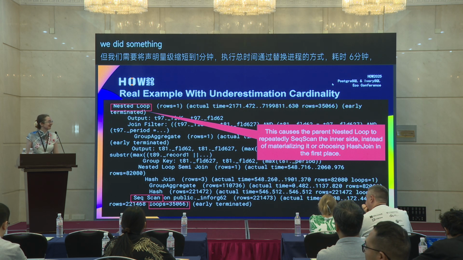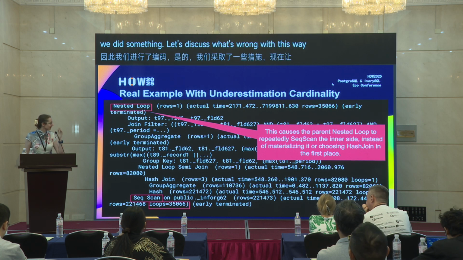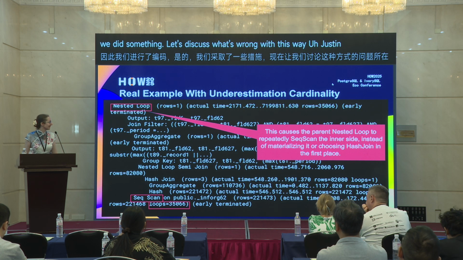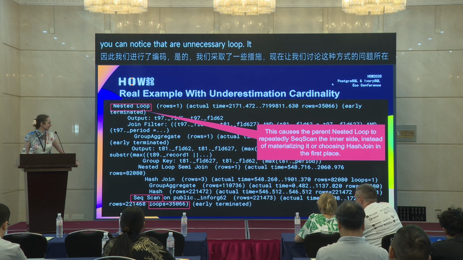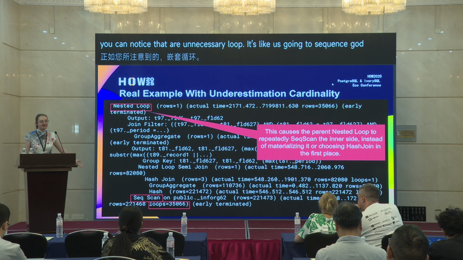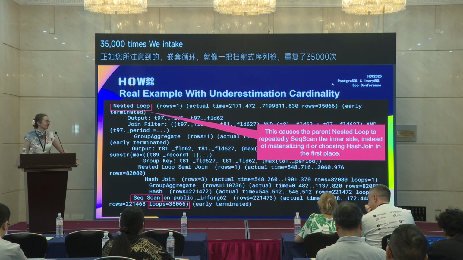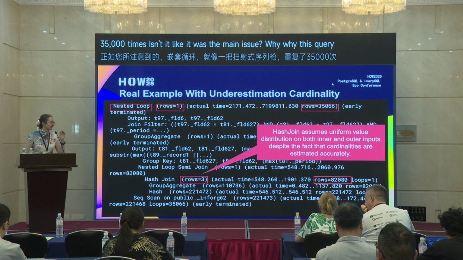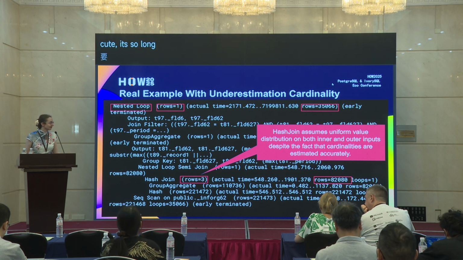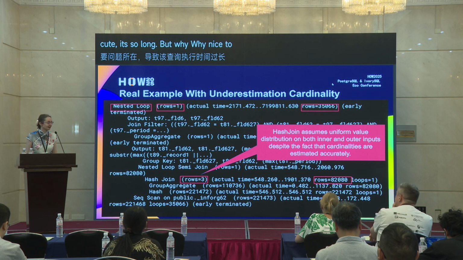So let's discuss what was wrong with this query. First and foremost, you can notice that the nested loop scanned a sequence scan 35,000 times. And that was the main issue why this query executed so long. But why was the nested loop generated by the planner?